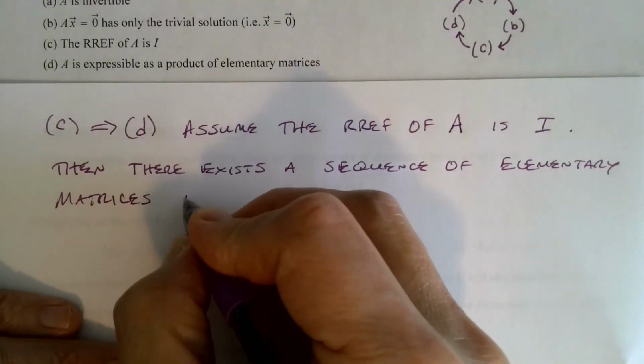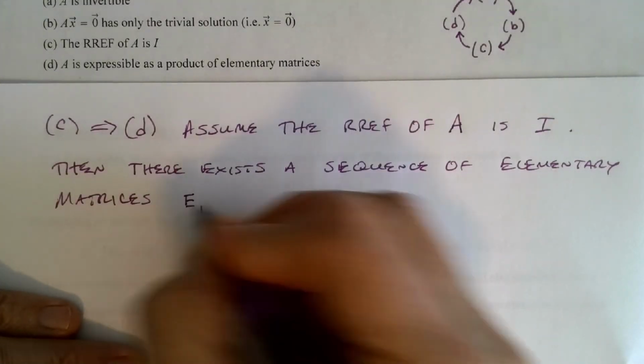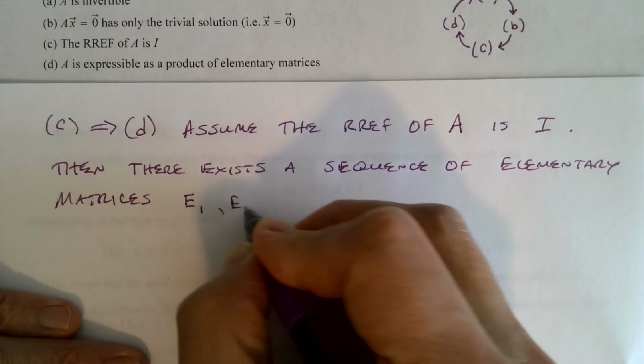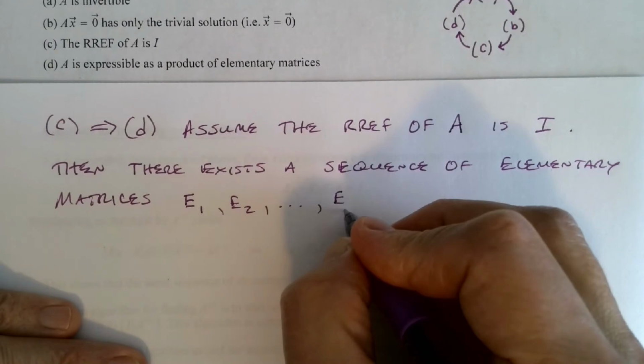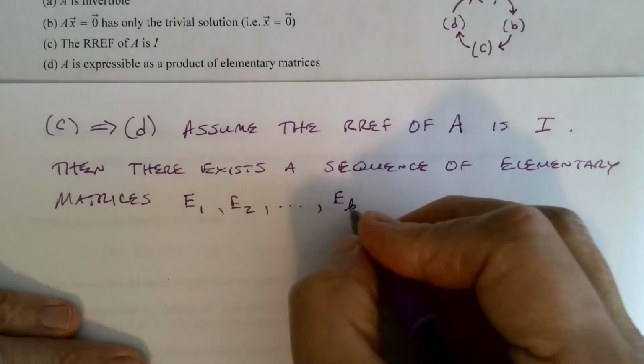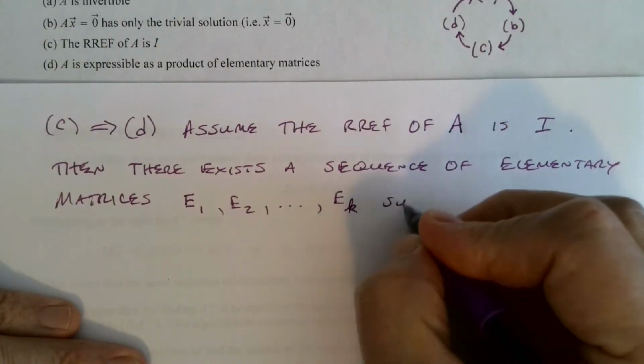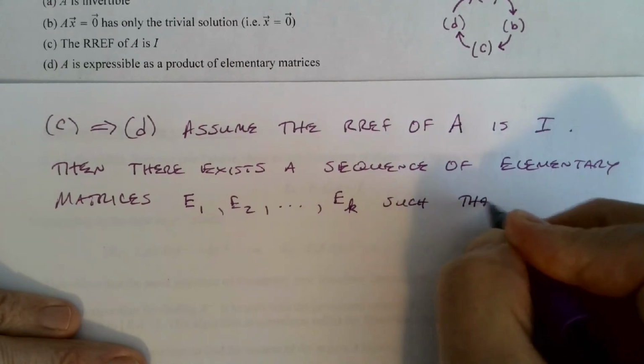I'm just going to denote them with subscripts. There'll be the first one we'll call E sub 1, the second one E sub 2, and then all the way to, I don't know how many we have, let's just say E sub k. Maybe there's k different elementary matrices, such that what?